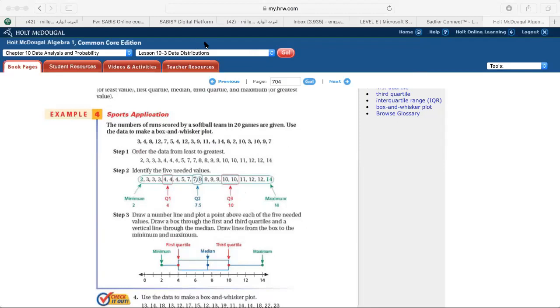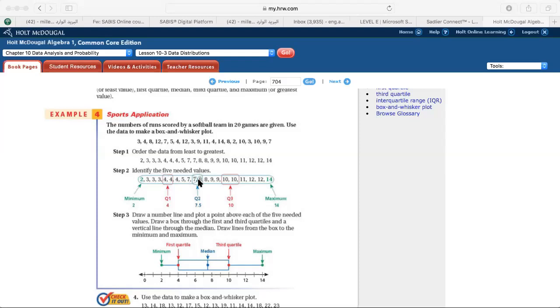Okay, then I'm going to list here all the numbers that I have till the greatest number. So 2 is the least and 13 is the greatest. Okay, identify the 5 needed values.